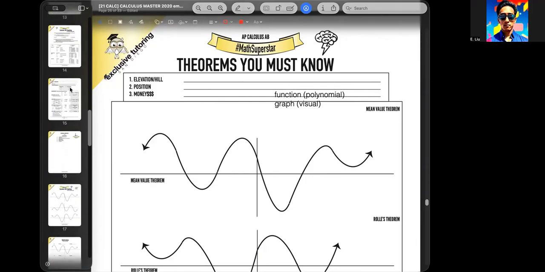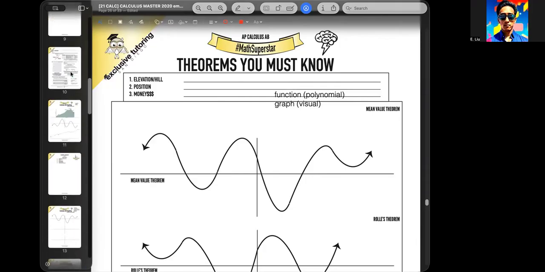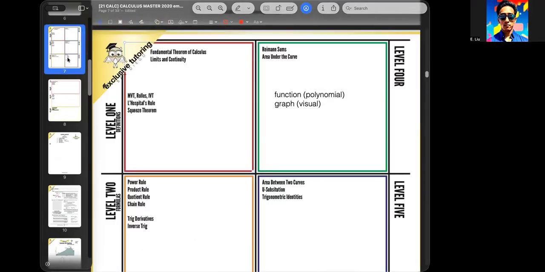And then the last one that they could give you would just be a chart. Okay. So they can give you the data in a data table chart. And that very, very often is going to be used in order for you to help determine either mean value theorem, Rolle's theorem, intermediate value theorem, or as well, Riemann sums are very common with that as well.